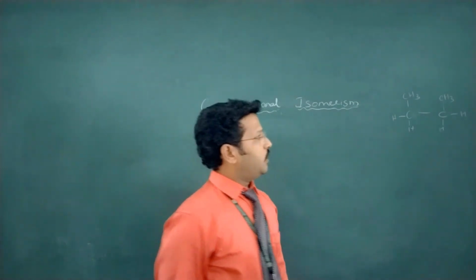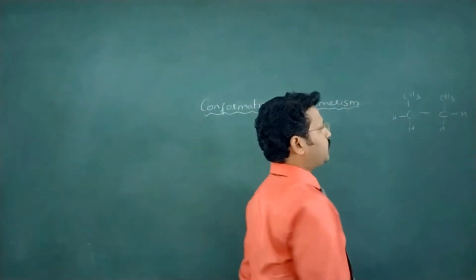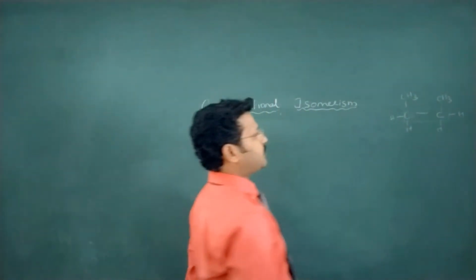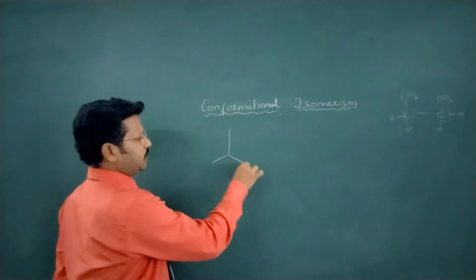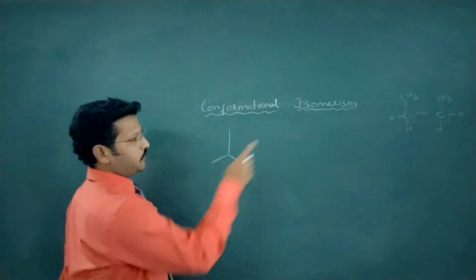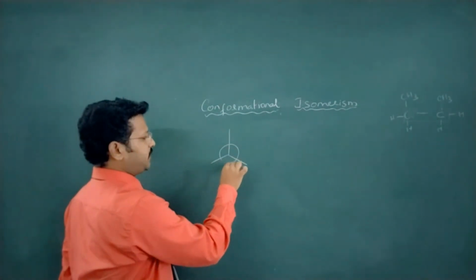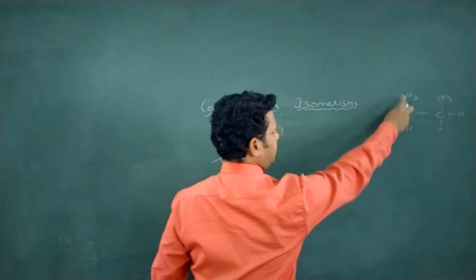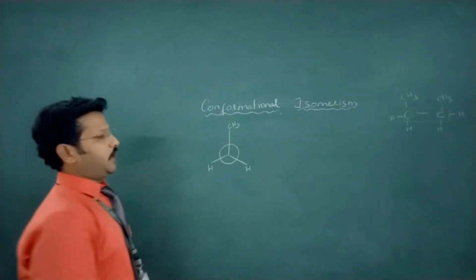This is butane, and here we have four carbon atoms, with a CH3 group at each end. I am going to elaborate using the central carbon-carbon single bond. In the Newman projection, I draw the bonds of the first carbon, and the next carbon is hidden at the back. The first carbon has a CH3 and two hydrogens, so I have written CH3 and both hydrogens.